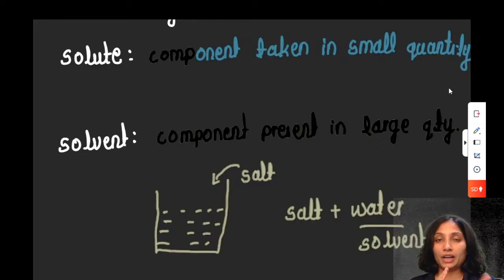I hope now you are clear with the two components. One is solute, another is solvent. The solute is the component which is present in small quantity, and the solvent is the component which is present in larger quantity. So this is about the basic things in solution.